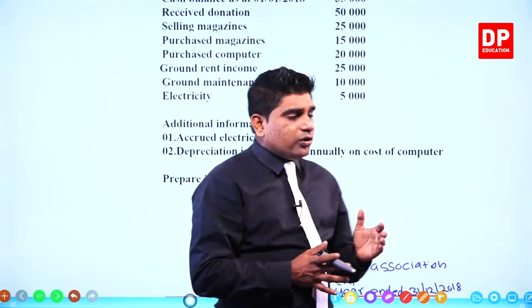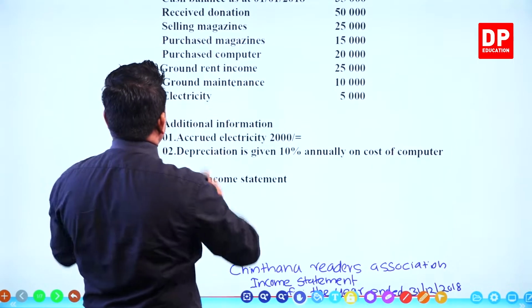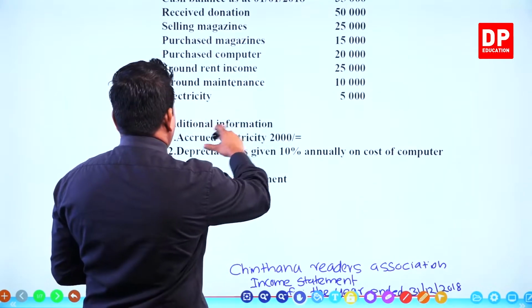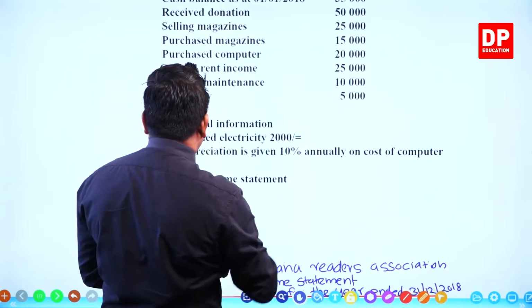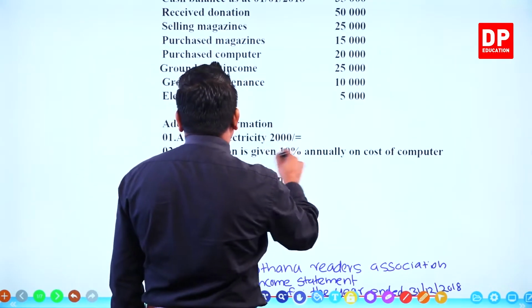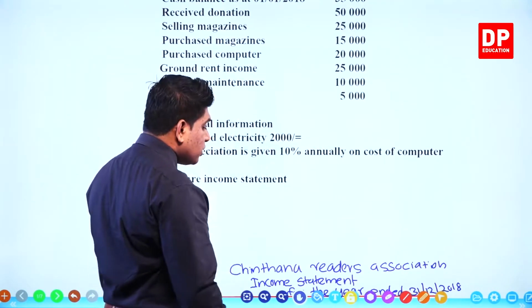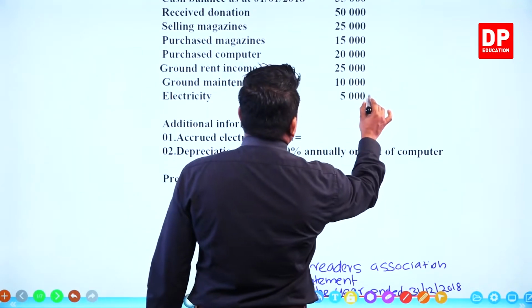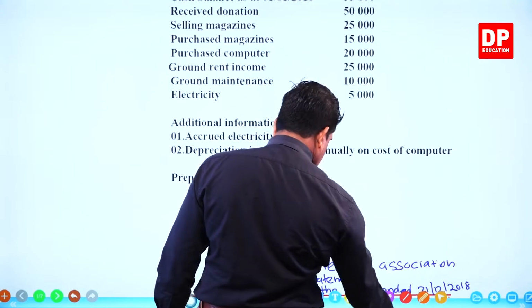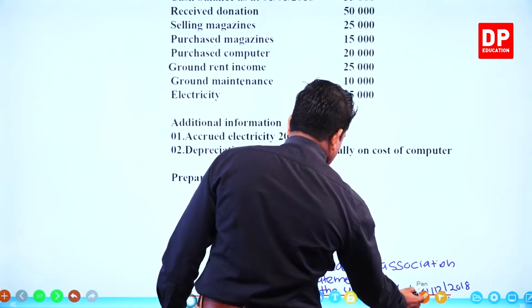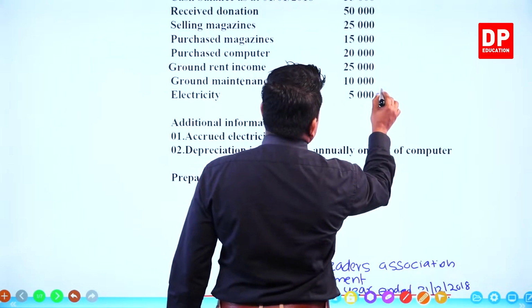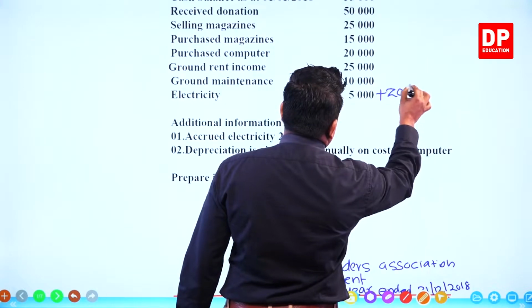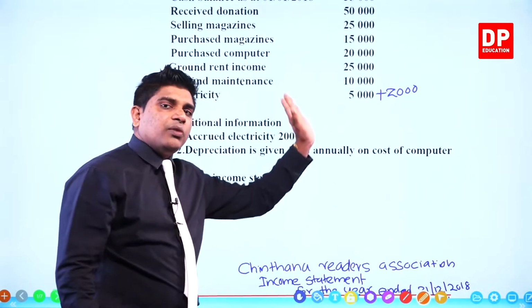Even though Chintana Readers has paid electricity as 5,000, they have to pay 2,000 more. They have given us accrued electricity 2,000. Then you plus 2,000 here. Even though you have paid 5,000, you have to pay 2,000 more.